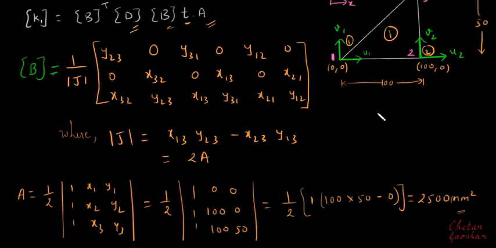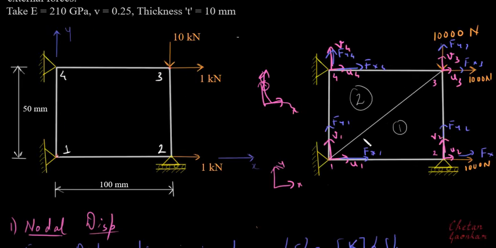Now if you look again at this discretized model, we know that since these are the hinge supports, u1 and v1, and also v2, and v4 and also u4, right?